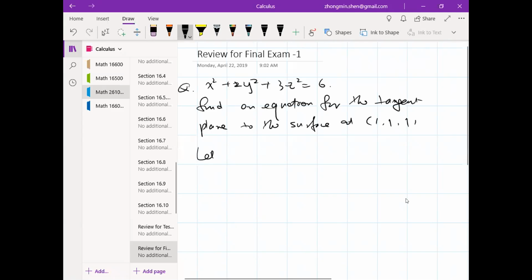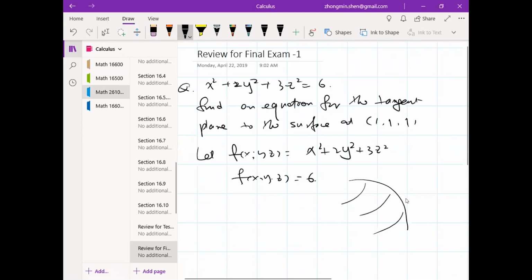So you let f(x, y, z) be x squared plus 2y squared plus 3z squared. Then the equation becomes f equals 6. So this is a level surface in space.